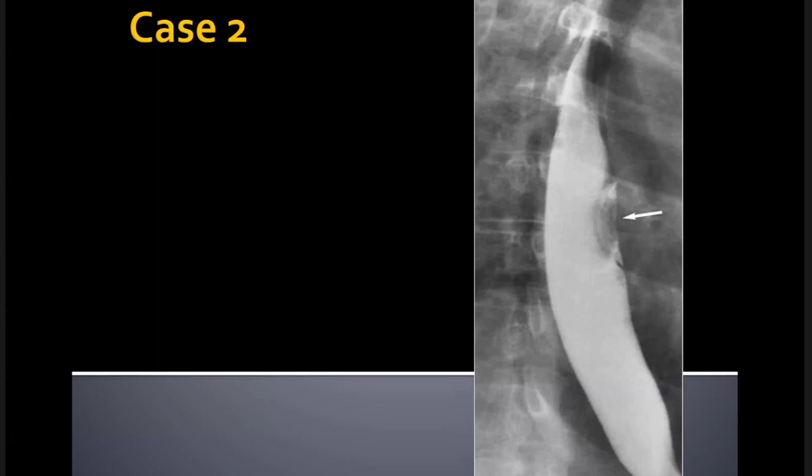You've got a solitary ulcer in the esophagus. Do you know of anything that can cause solitary ulcers that are quite large? If I told you they were immunosuppressed, would that help at all? Candidiasis.